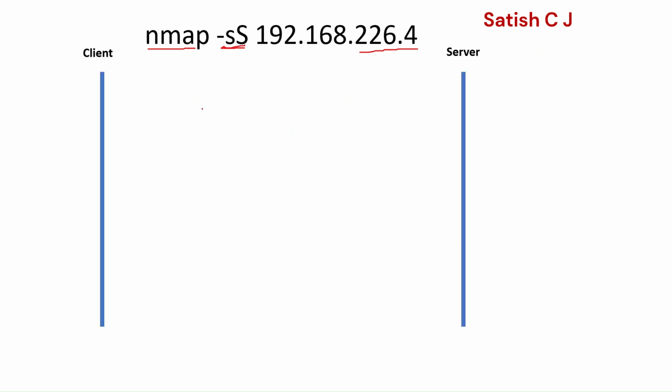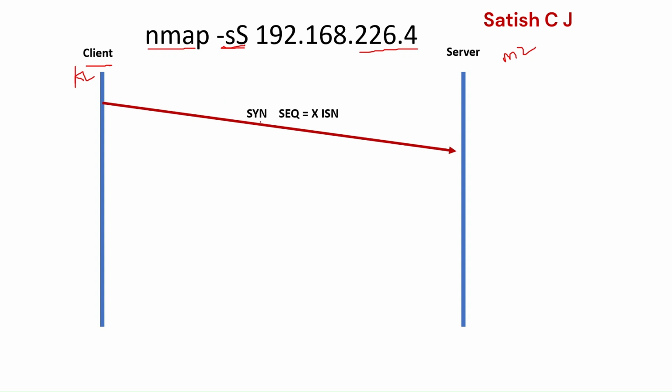When I perform this SYN scan from Kali Linux to Metasploitable, you have the client. You can think of Kali Linux to be the client, and the other machine, that is M2, to be the server. Now the client initiates a SYN request. It sends an ISN as the sequence number.